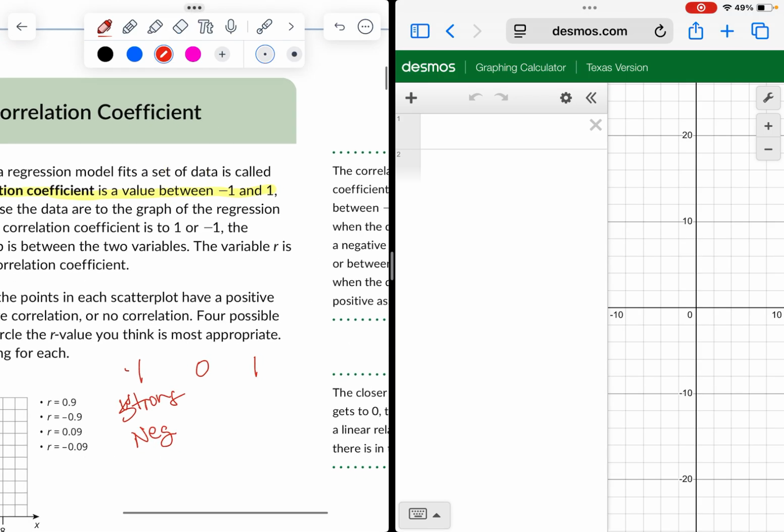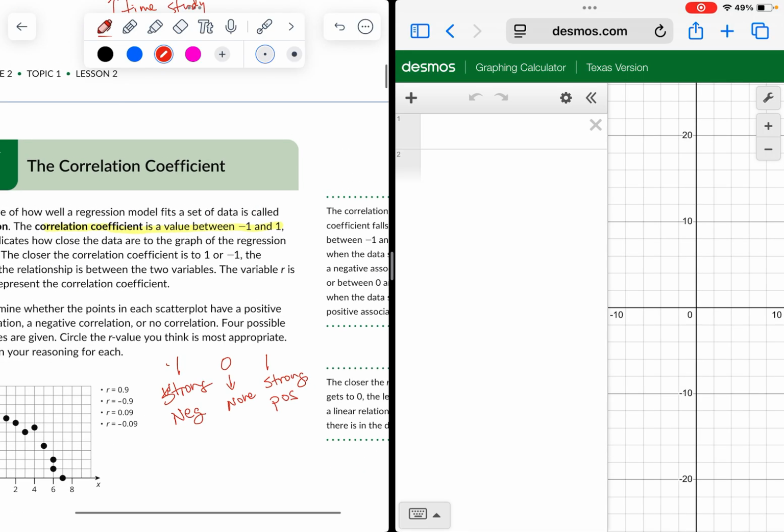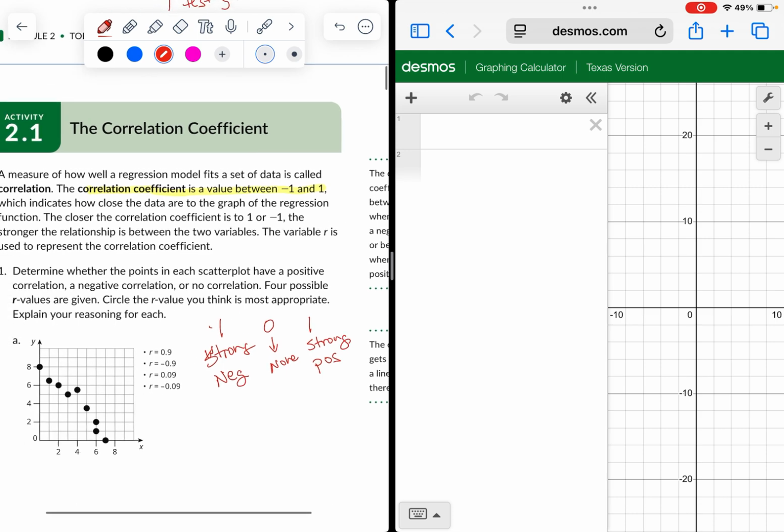If you're at +1, it is called a strong positive correlation. And if you're really close to 0, kind of like those IQ scores up there, probably would have close to a 0 correlation. They don't have much of a relationship at all.